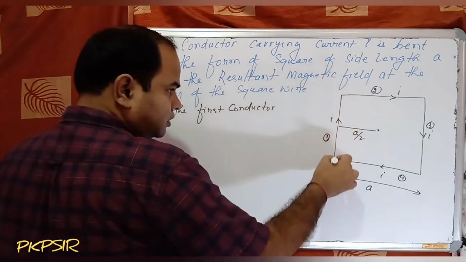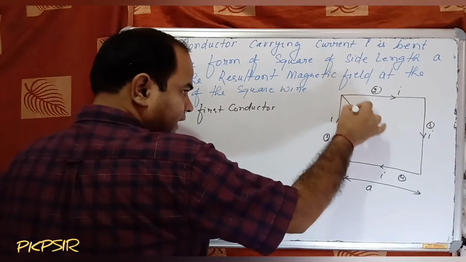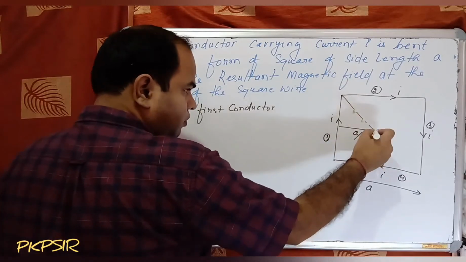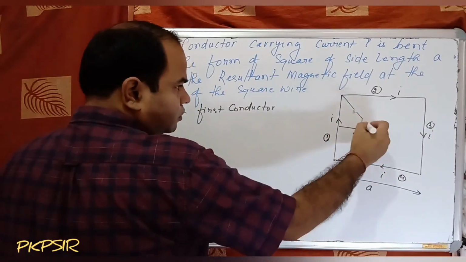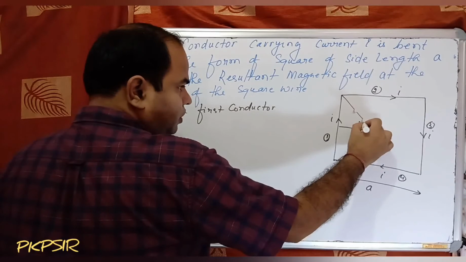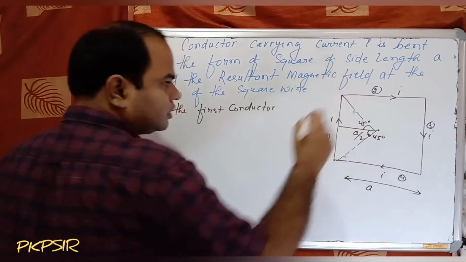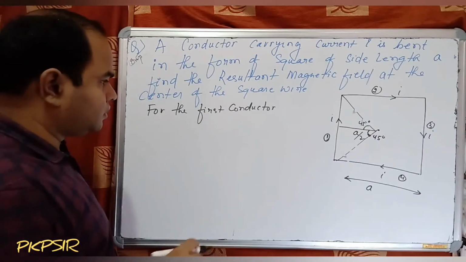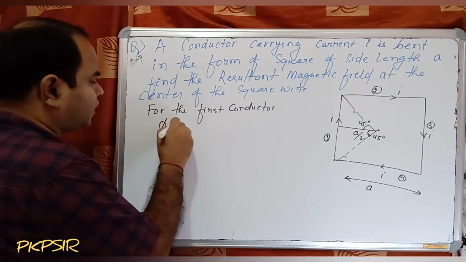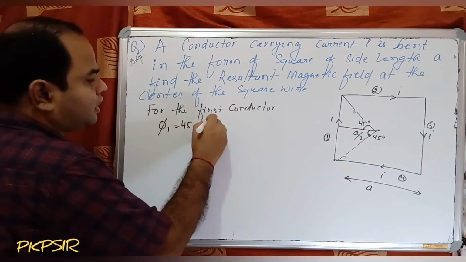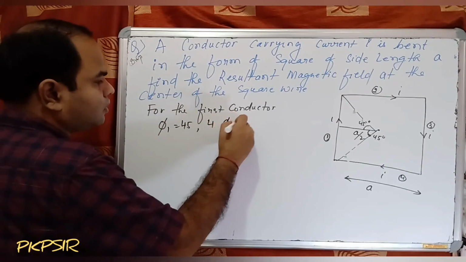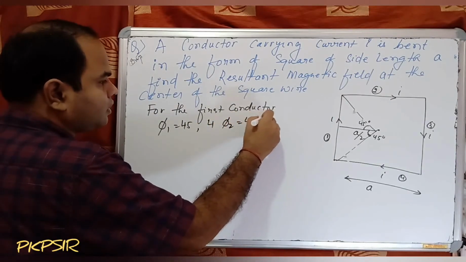So this is a conductor. So this angle is 45 degree, and this angle is also 45 degree. That means for the first conductor, phi 1 is 45 and phi 2 is also 45 degree.